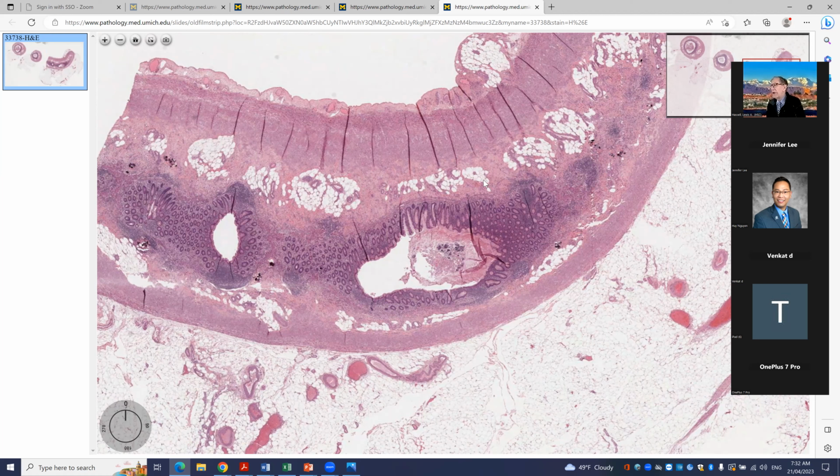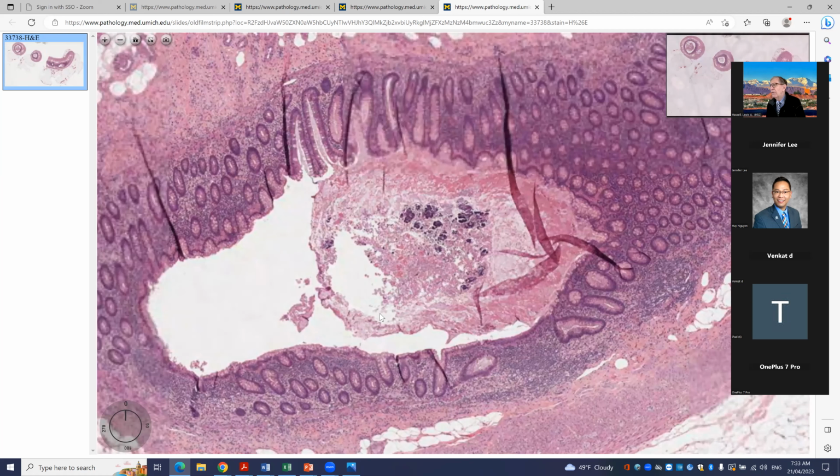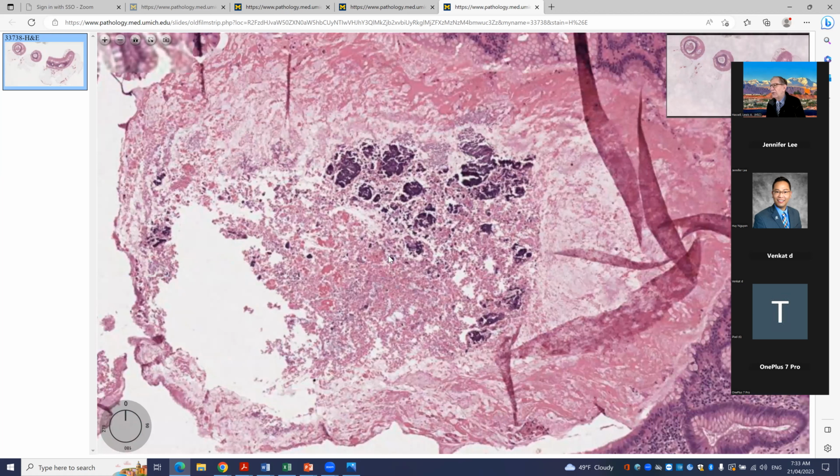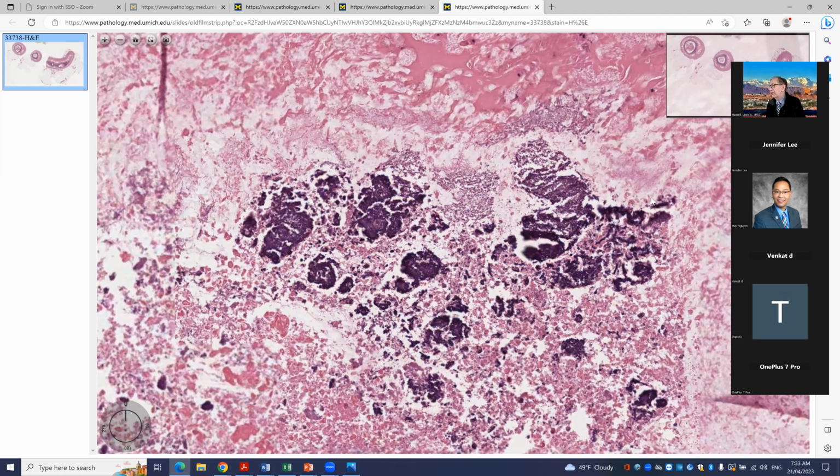You can see these sort of jump out at low magnification. And then we have some things in the lumen here as well. So let's look at what's in the lumen, see if this gives us any clues. No, it just looks like calcified debris, so that's not going to give us a clue or answer here.